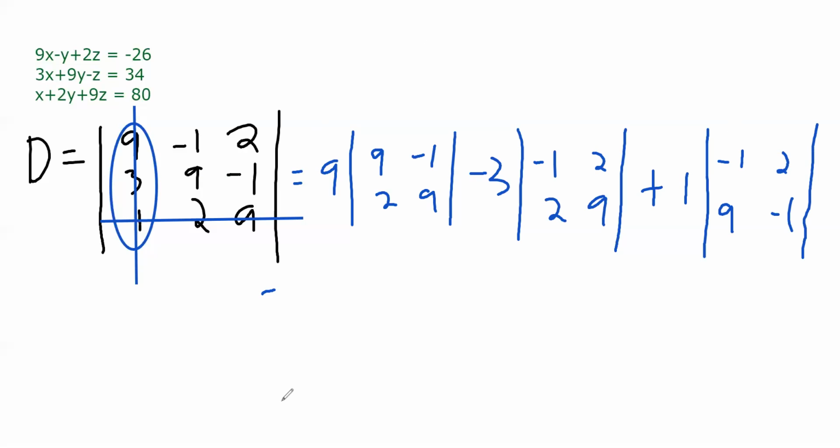And so now this is going to become 9 times. Now remember, to do a 2 by 2 determinant, you multiply along this diagonal, then you subtract the product of this diagonal.